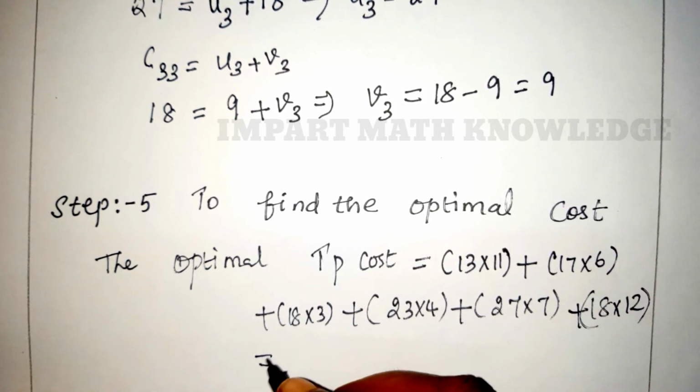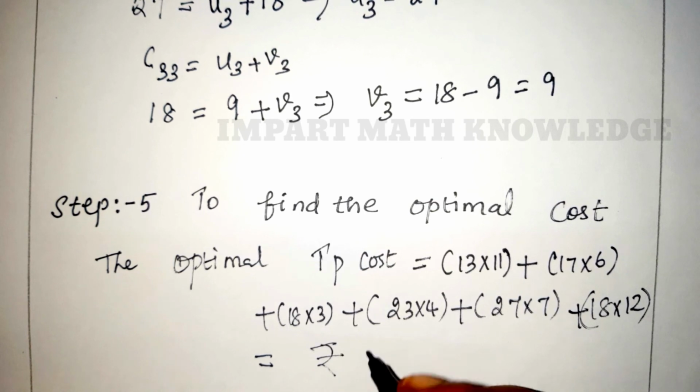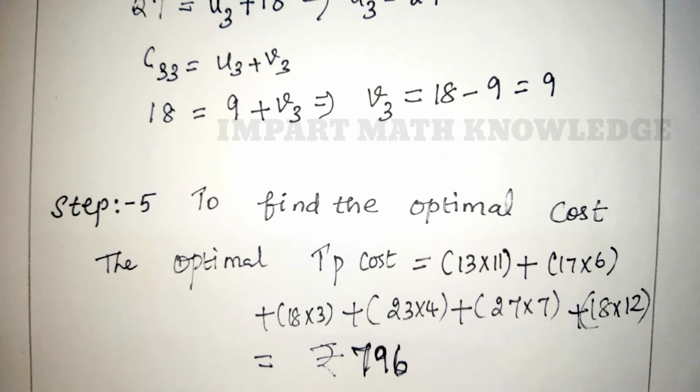If you multiply and add, you will get 796. 796 is the optimal transportation cost. Once you find the initial transportation cost, you have to check whether the initial TP cost is optimal or not using Modi method. Hope you all understand.